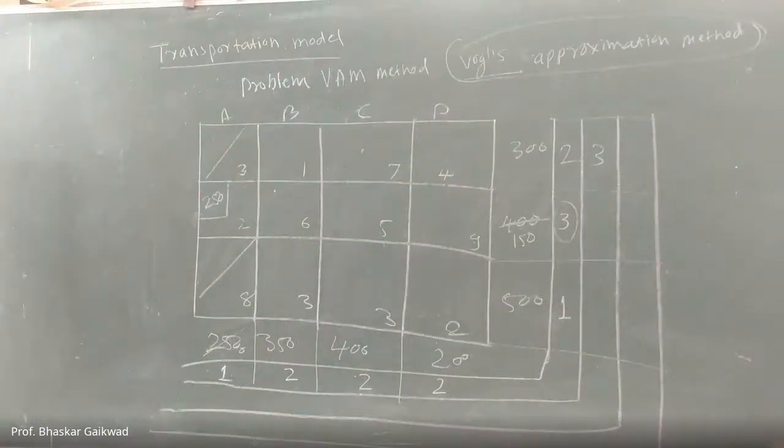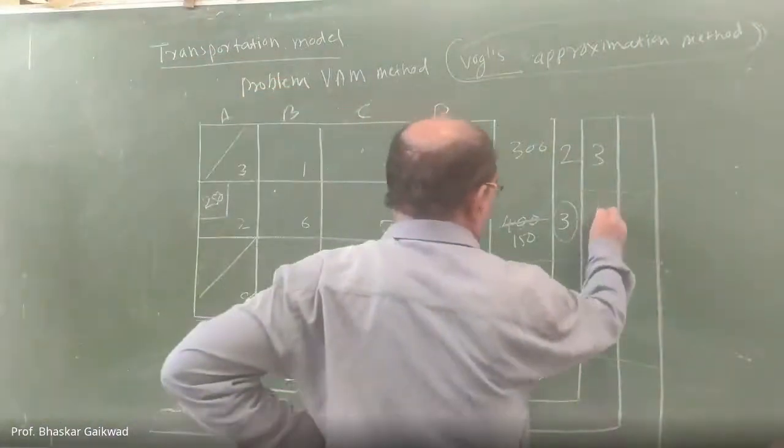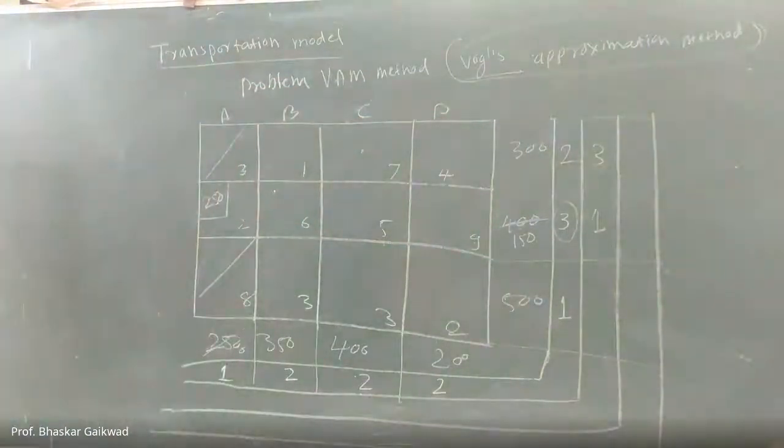In the remaining values, first of all you select the row. In that row, you find the two minimum values and their difference. For example, the first row 1 and 4, these are the minimum values, difference is 3. Okay. Now next row 6 and 5, difference is 1. Then third row, two minimum values 3 and 2, that difference is 1.